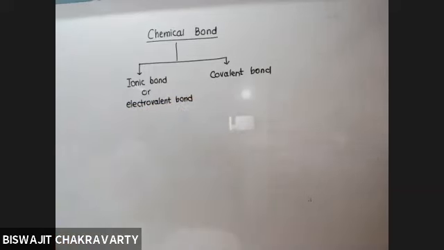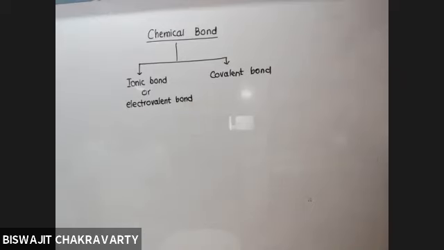In ionic or electrovalent bond, there is a complete transfer of electrons from one atom to another. This type of bond is formed between a metal and a non-metal. The metal is in a position of losing one electron or two electrons, and non-metals are in a position of gaining one or two electrons.